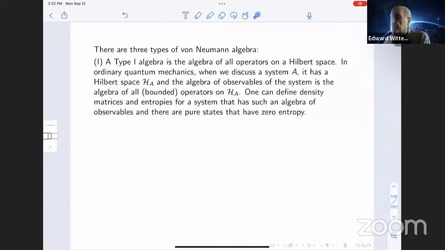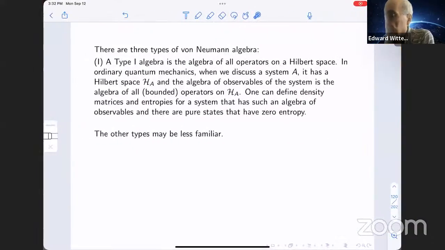One can define density matrices and entropies for such a system. We actually did so already. And there are pure states that have zero entropy. Remember, a density matrix is just a positive self-adjoint operator of trace 1. And if it has rank 1, that corresponds to a pure state of zero entropy.